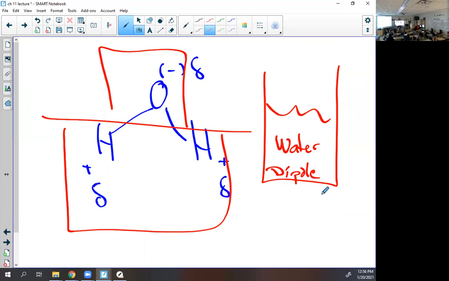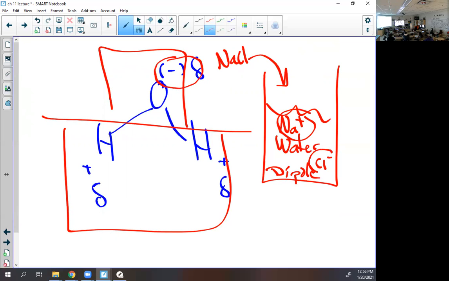An ion dipole means I then add something ionic to it, like salt. Salt breaks up into Na plus and Cl minus. An ion dipole interaction is the attraction between the ions, the sodium plus and the partial dipole minus, and the Cl minus and the partial dipole plus.